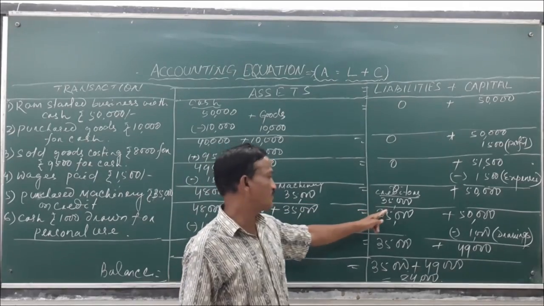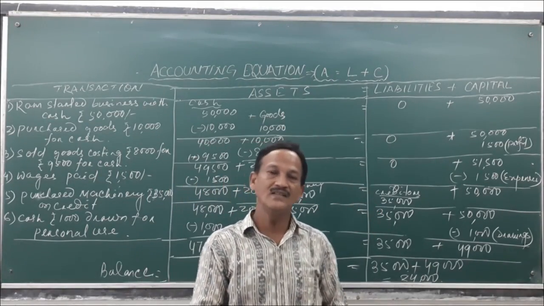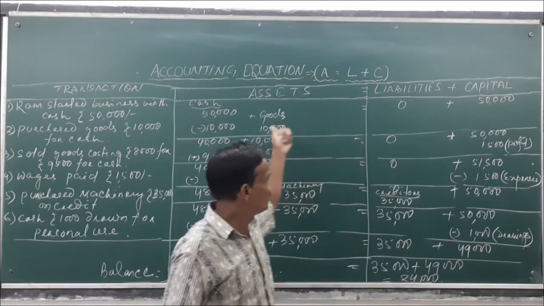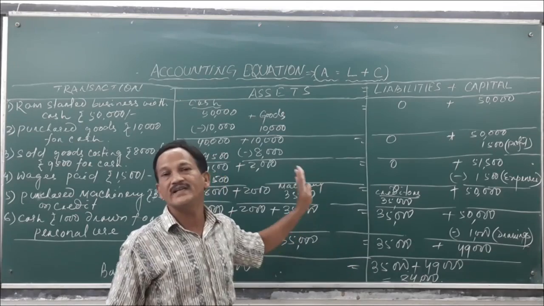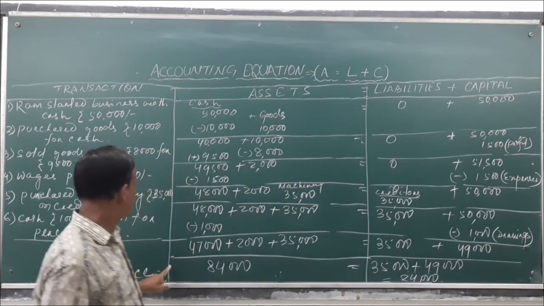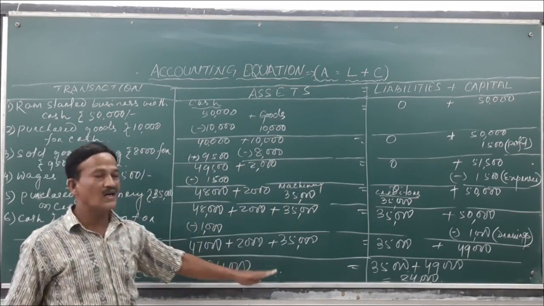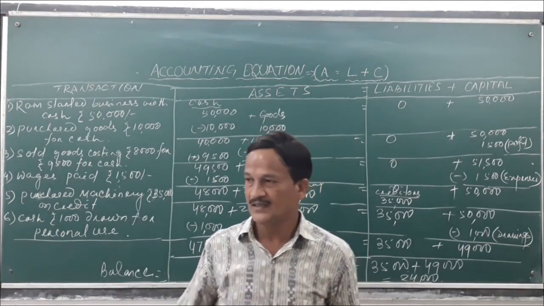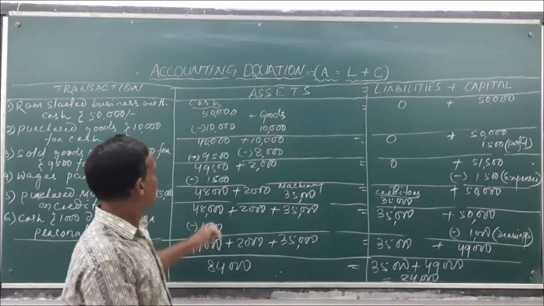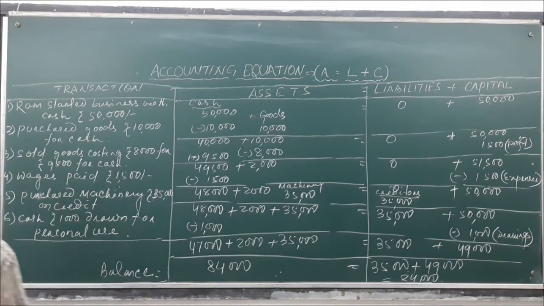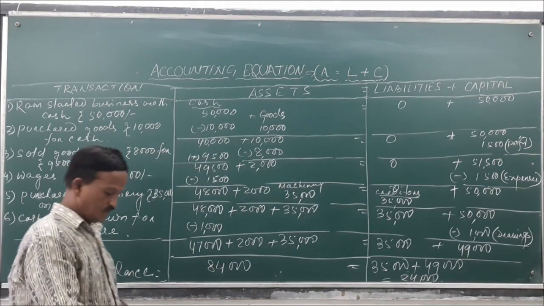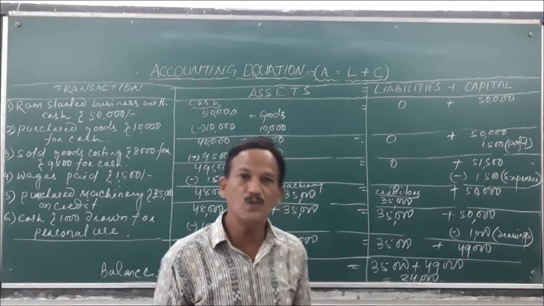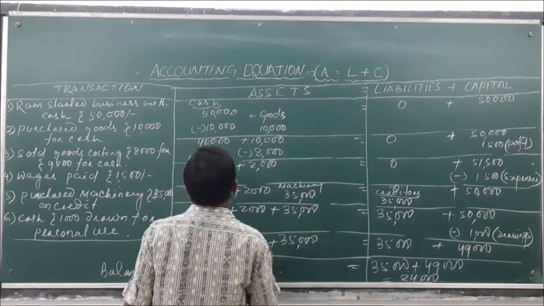If the creditors are paid, then liabilities decrease, so it will be subtracted. So this is the basic form of the accounting equation which we have seen here, that total assets equals total liabilities plus capital. From this accounting equation we can clearly apply the accounting rules to record the transactions.